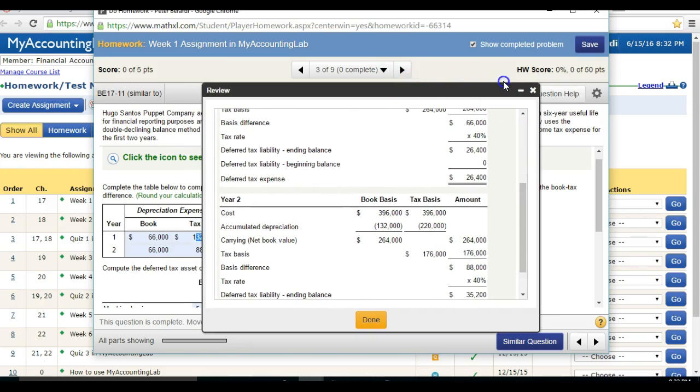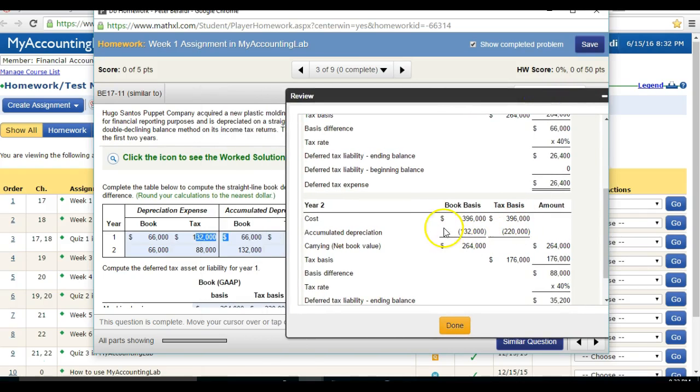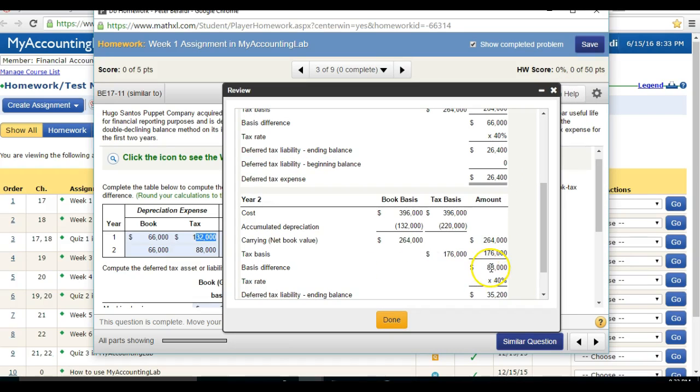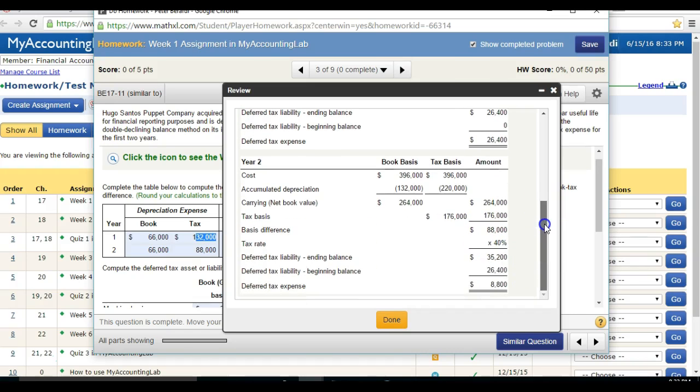In year two, our book basis is $396,000, but our accumulated depreciation now has another $66,000 in it. So our net book value is $264,000. On a tax basis, the $396,000, the accumulated depreciation is now $220,000 to give us a tax basis of $176,000. The difference is $88,000, and at our tax rate of 40%, gives us a deferred tax liability of $35,200.